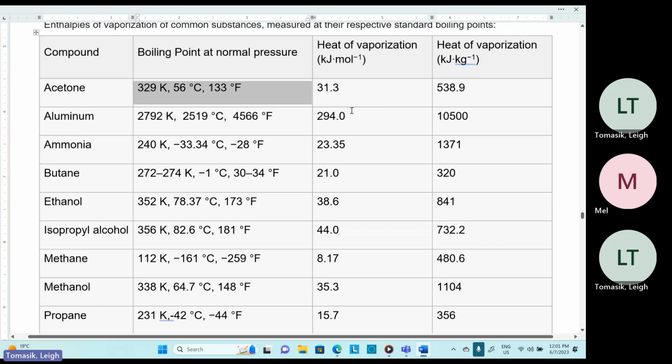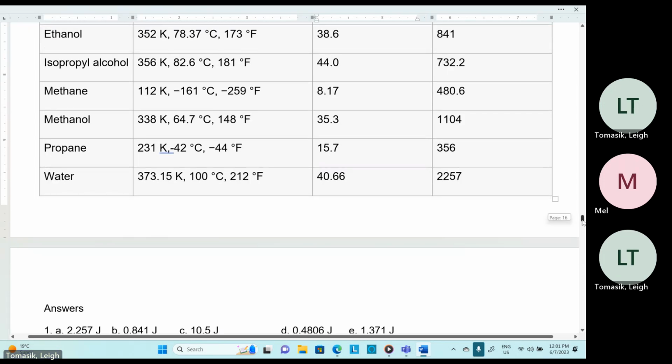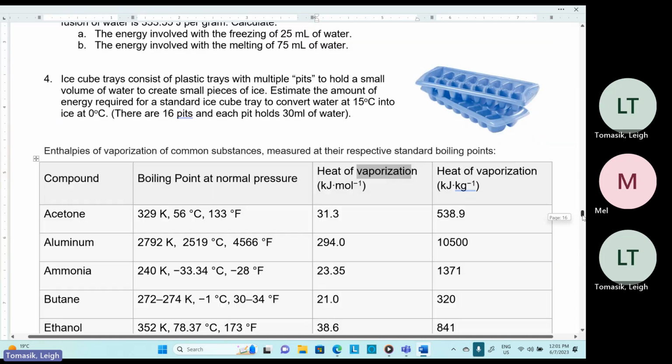It's showing you how many kilojoules per mole, or per kilogram, the substance takes when it turns into a gas. So we have to figure out some of these things.